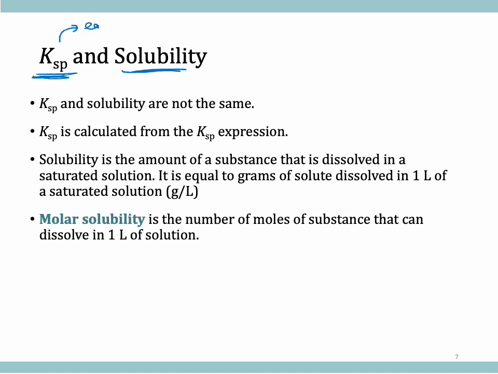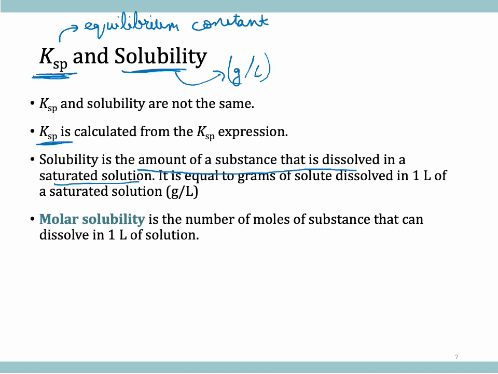Ksp is the equilibrium constant, a constant term. Solubility is given in gram per liter, or it has other units, but solubility is the amount of substance that is dissolved in a saturated solution. Ksp is the solubility product constant. So these are two different things.